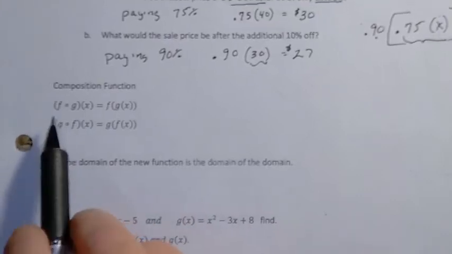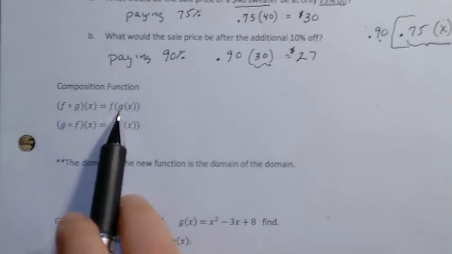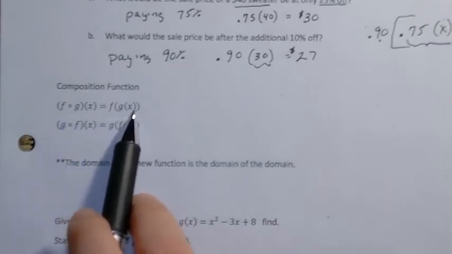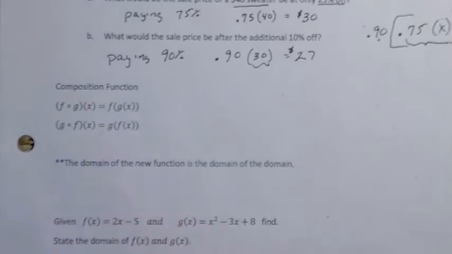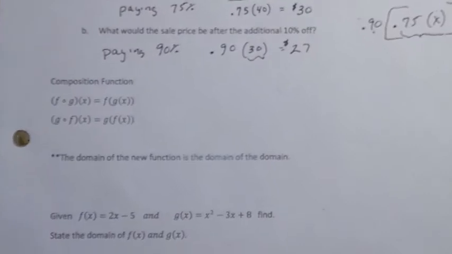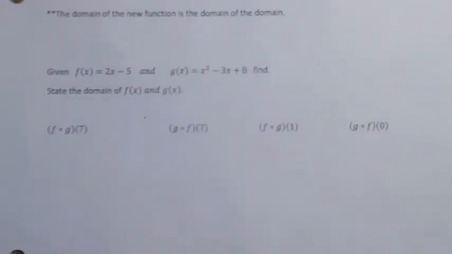So if it looks like f of g of x, that means we're going to do the f function to the g function. If g comes first, we're going to do the g function to the f function. And I'll explain what all of this means as we go. So let's go down here and look at this first problem.